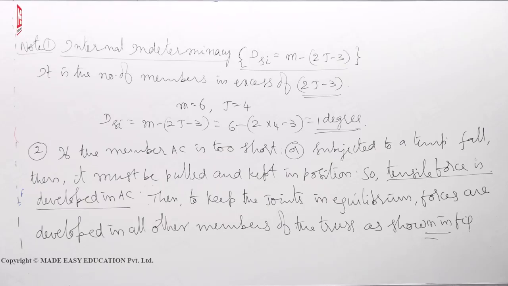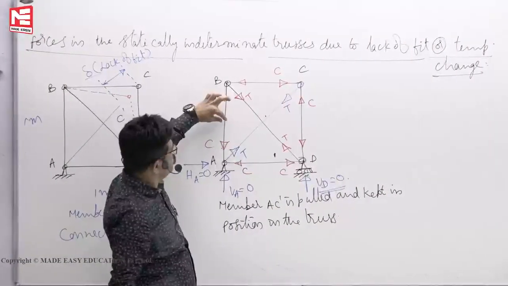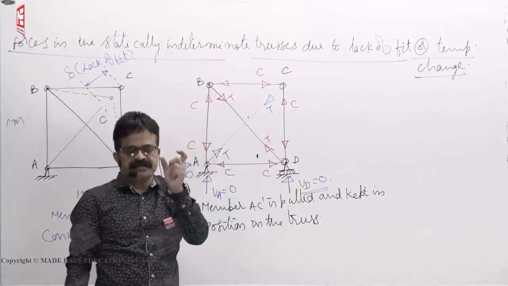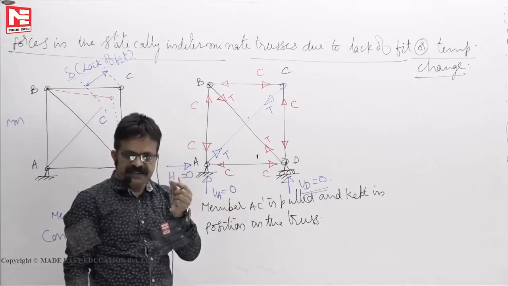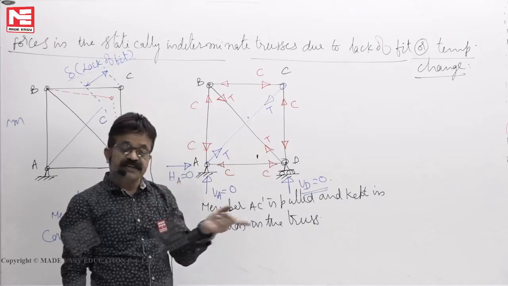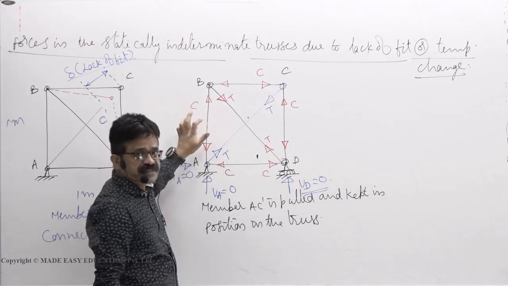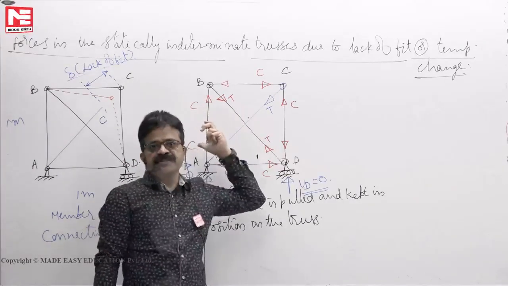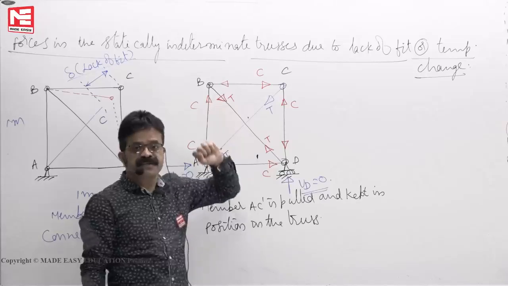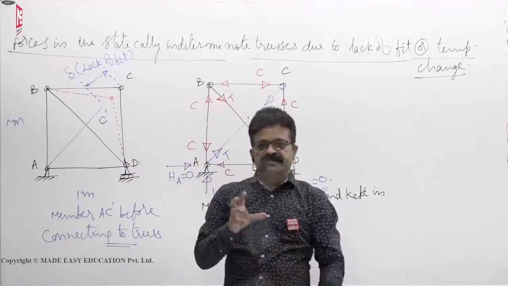Next, let us see the third point. If this is a statically indeterminate structure, and you change the dimension, change the cross sectional property of the member, that means the cross sectional area, you increase or decrease, then the change in the cross sectional area, that means change in the axial rigidity of a member, influences the forces in the members of the truss also. This is what you have studied in strength of materials.